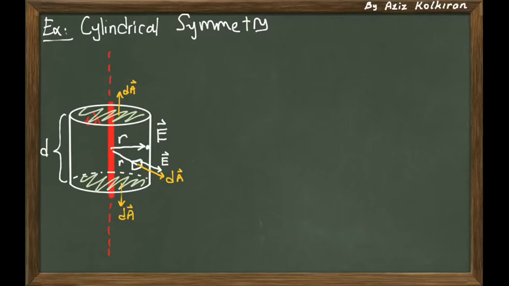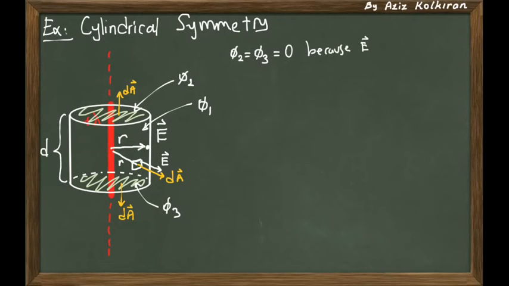So the electric flux through the top and bottom surfaces will be zero, and the only non-zero contribution will come from the side surface. Let's call this flux phi1, the top phi2 and the bottom phi3. So phi2 and phi3 are zero because of the perpendicular directions of the electric fields and the area vectors.